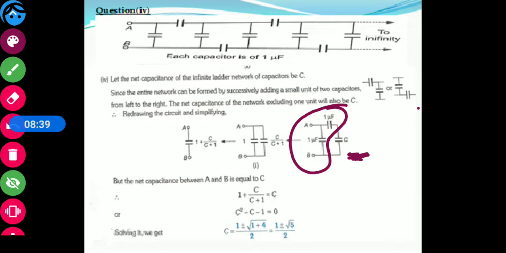Adding one unit to C will not make any effect.